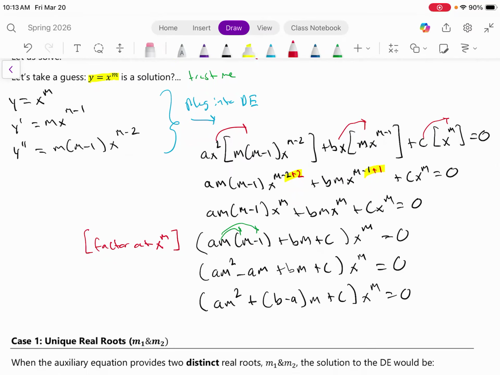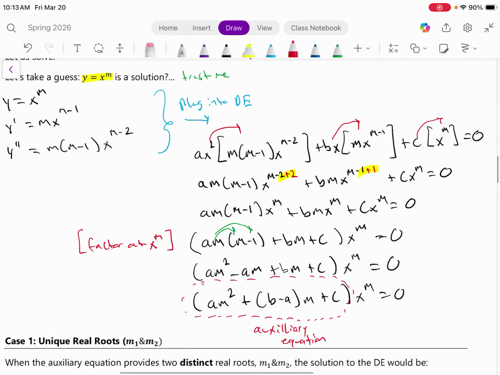And so this right here, my am squared plus b minus a times m plus c, is my auxiliary equation. And so we're going to use this auxiliary equation to solve a homogeneous Cauchy-Euler differential equation.